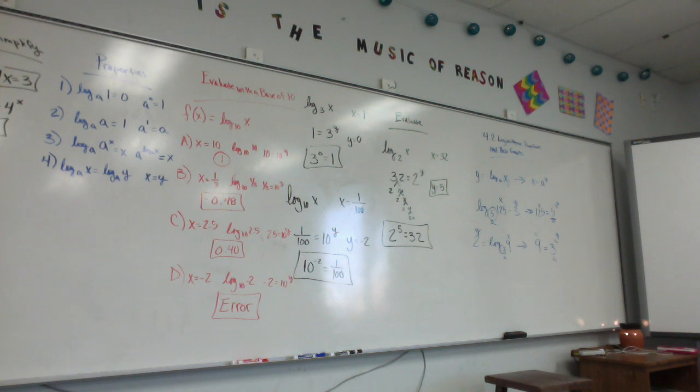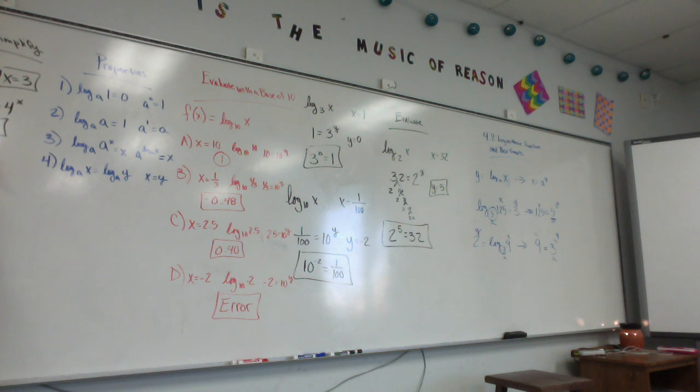What happens if I have log base 5 of 5 to the x? Can I solve or simplify that one? What can I do there? What one does it look like over here in the blue? Number 3. So I need to rearrange it. How can I rearrange it? This is my a.